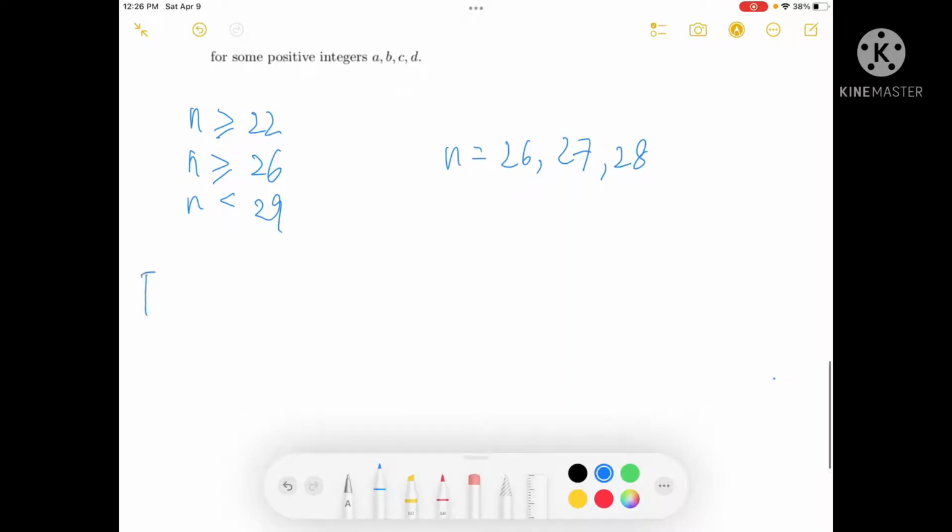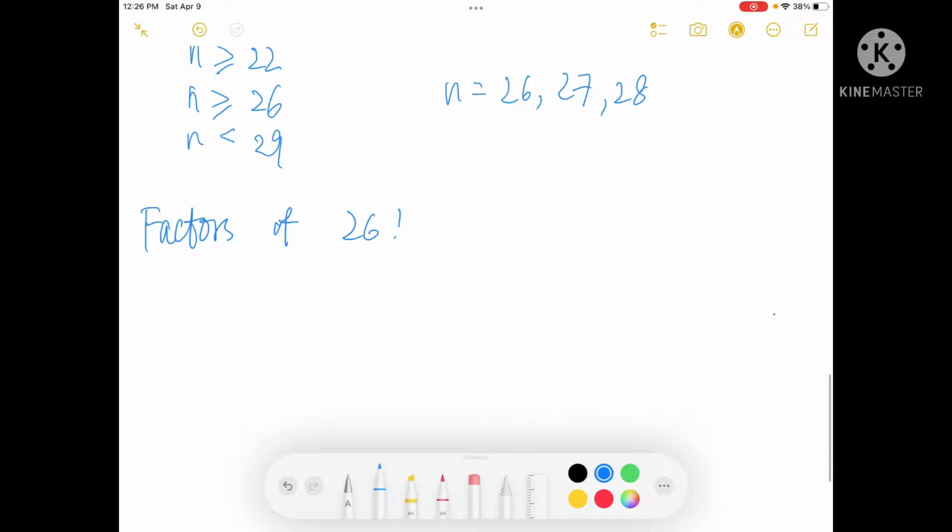So let's get started and find the factors of 26 factorial. Firstly, we can find the numbers containing a factor of 2, which is basically the even numbers.